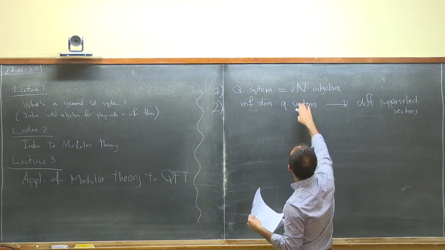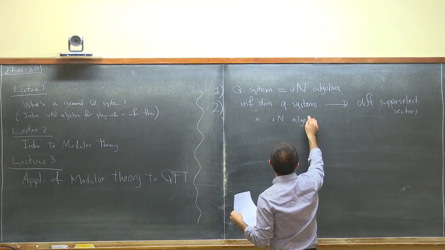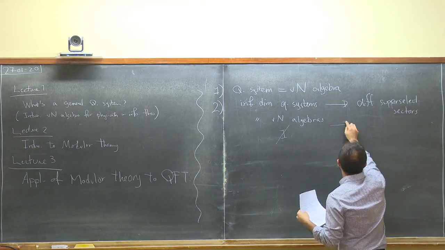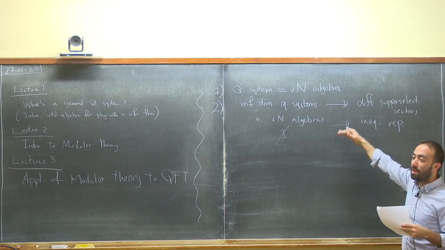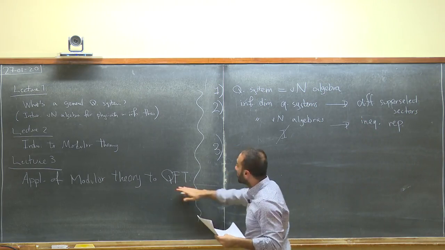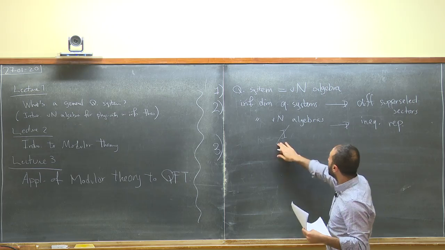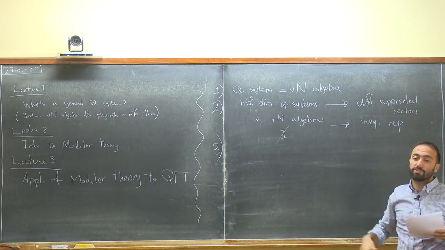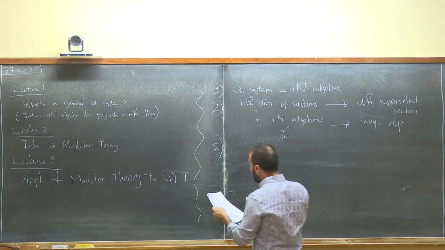And the parallel statement for von Neumann algebras is that infinite dimensional von Neumann algebras that are not type 1 are going to have inequivalent representations. So this is the mathematical statement that is analogous to this. And because we're going to be dealing with quantum field theory, which is a particular infinite dimensional quantum system that is not type 1, where the superselection sectors or vacua of the theory are going to be important for us. So that's why we're going to go over this point.